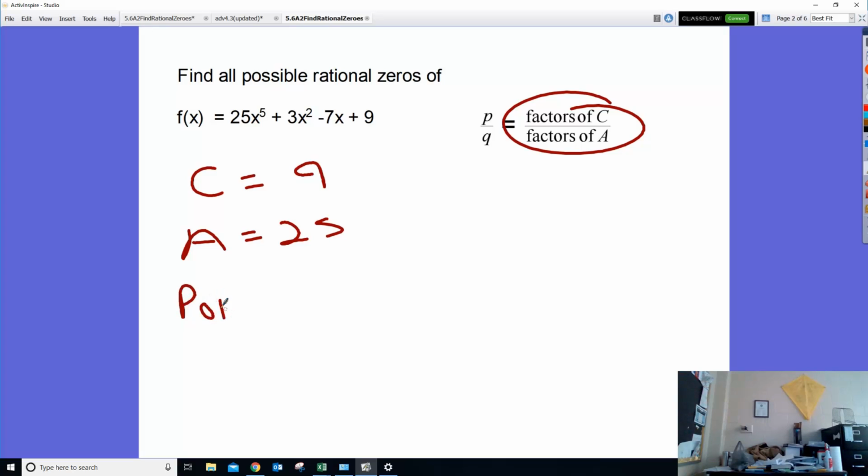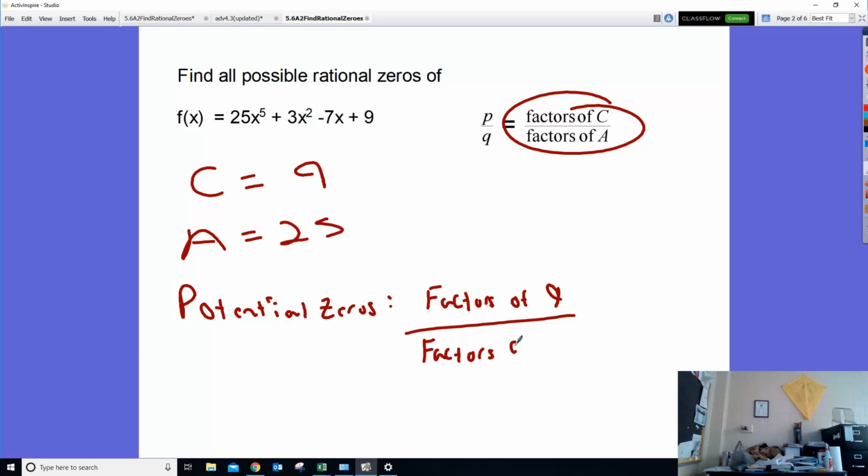So my potential zeros are factors of 9 over factors of 25. That's my potential zeros. Then I just got to break it down. What are the factors of 9? 9, 1, 3, and 3.